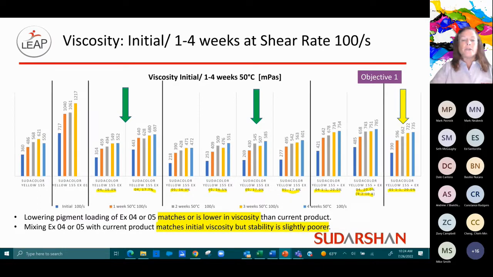So it gives some additional value there. With regards to mixing, we did find that in one formulation that we chose, we did match the initial viscosity, but we did see a slightly poorer stability with that particular formulation.